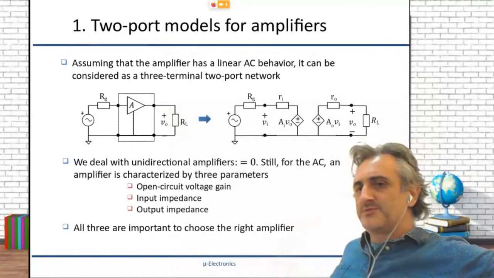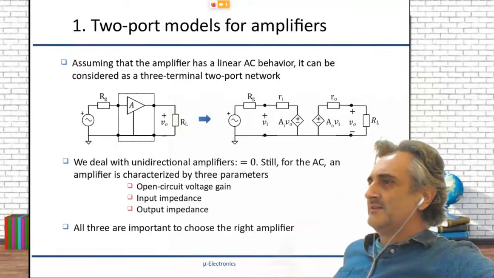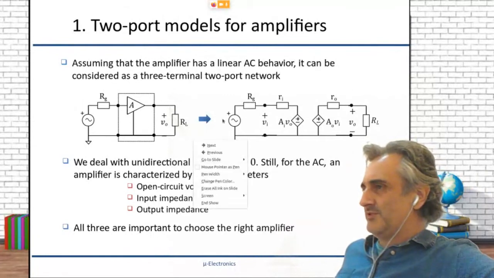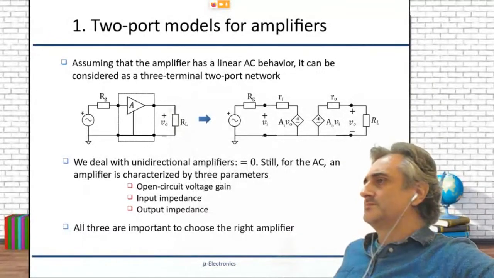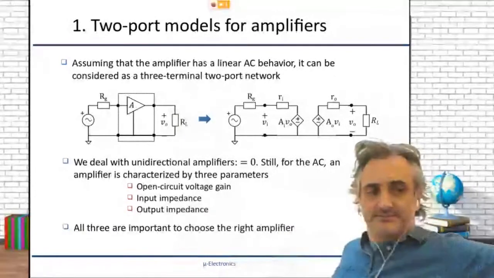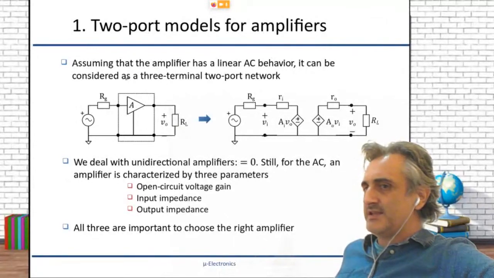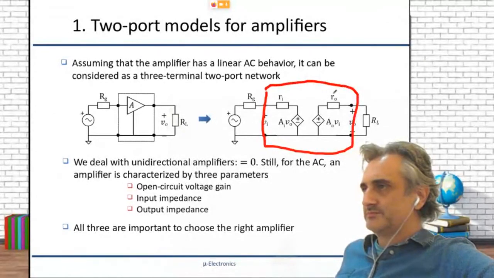This is something that comes from basic electronics. I don't know if you remember, but our amplifier is linear in the small signal model. So our amplifier is just some linear amplifier.